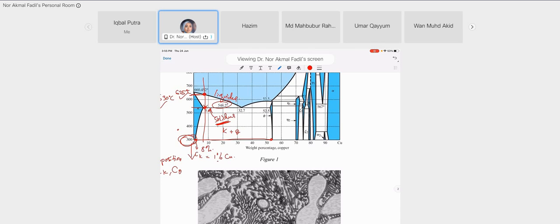You need to write 1% copper, and bonus if you can add 99% aluminum. This is the composition of K. And the composition of theta is equal to the intercept here, which is 53% copper and 47% aluminum. This is C theta.